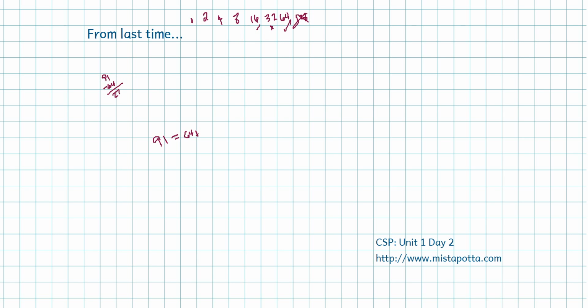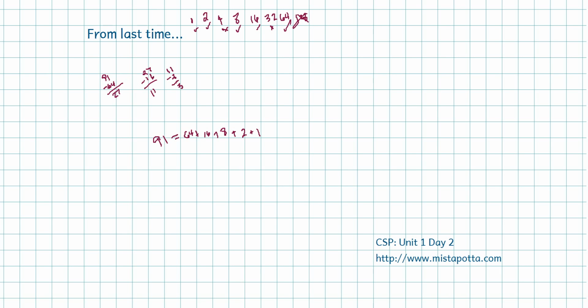So this is 64 plus 16, and if I take 27 and subtract 16, that's going to leave me with 11. So I'm probably going to need an 8, and I know that 11 minus 8 is a 3, so I'm not going to need this 4, but I could use the 2 and the 1.